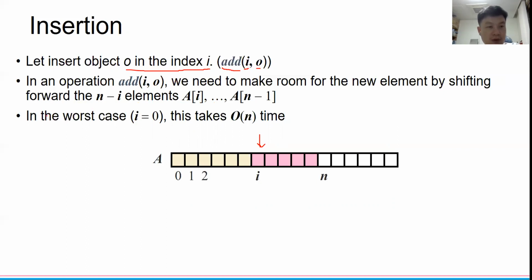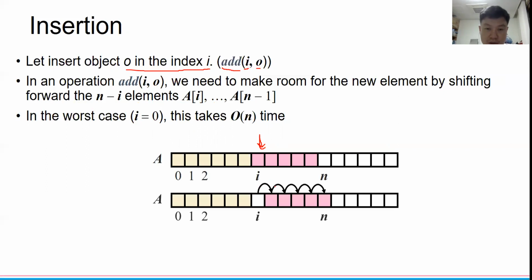We can have the worst case. If the I is 0, then it takes O(n) time. Let's see, if I want to put an object here, what will we do? We will move the elements from I until n. So we will shift 1. This will shift 1, and this will also shift 1, and this will shift 1 time, because we want to add one object.